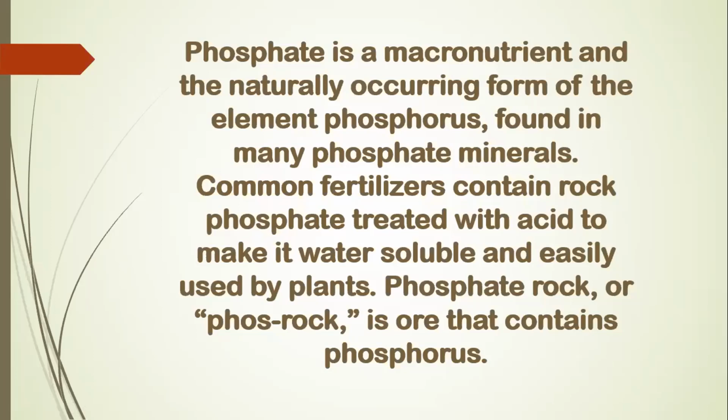Common fertilizers contain rock phosphate, treated with acid to make it more soluble and easily used by plants. Phosphate rock or phosphorock is an ore. It's a mined ore. It's the raw material that contains the element phosphorus. Okay, move on. Next slide.